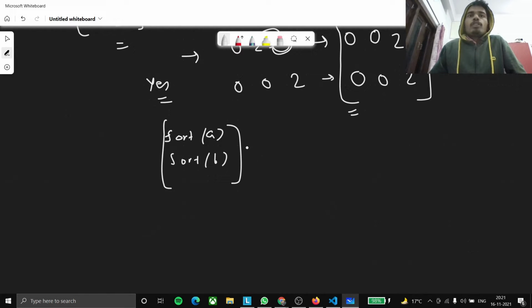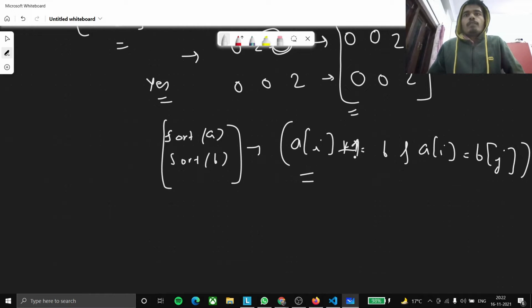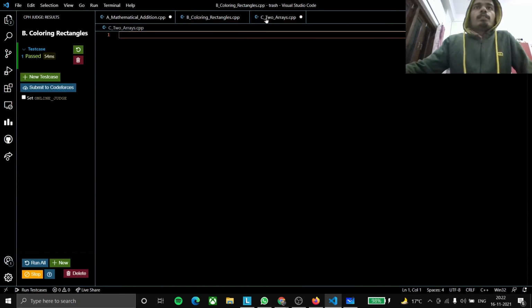After sorting arrays A and B, in a loop we just have to check whether A of i plus 1 equals B of i, or A of i equals B of i. We just take these two conditions and we will get our answer. So let's code this as well.